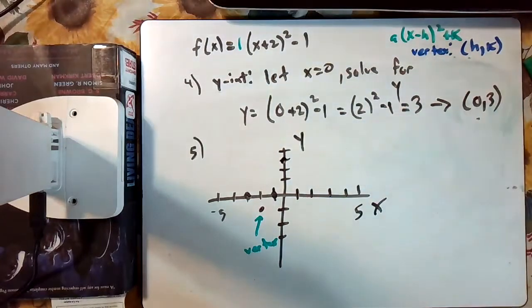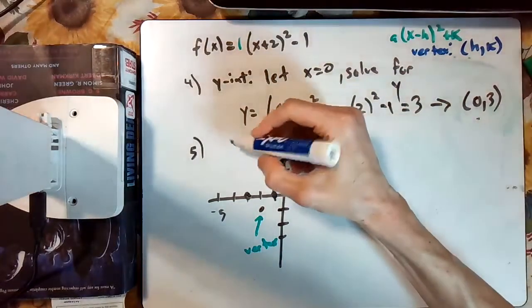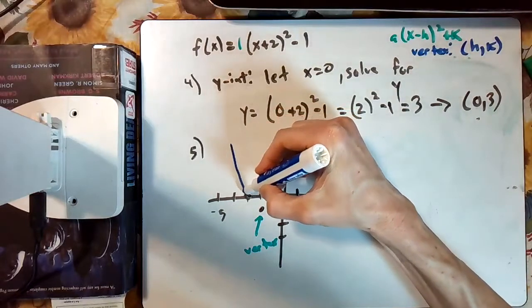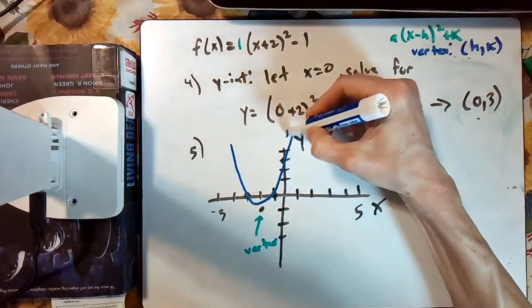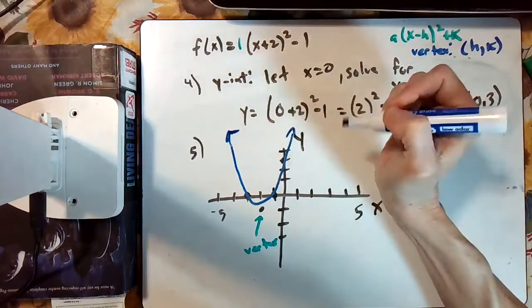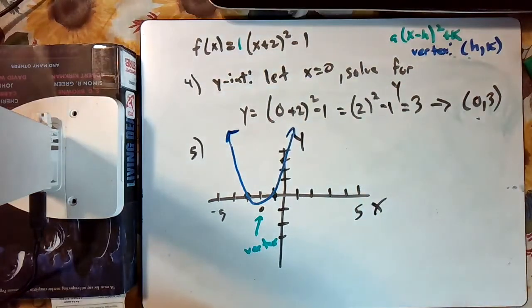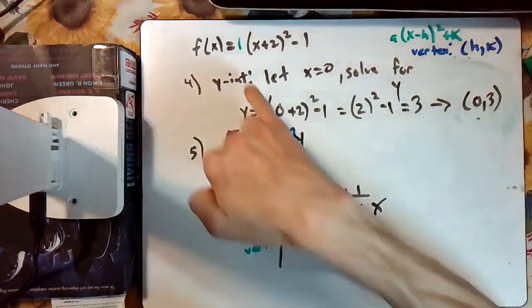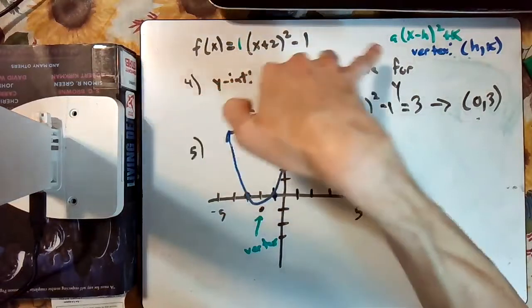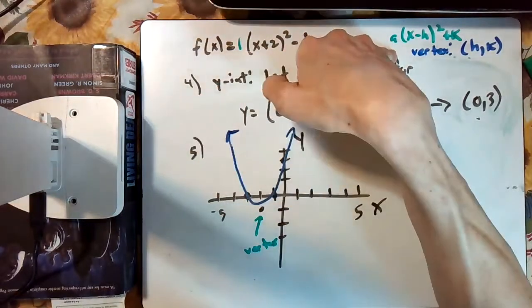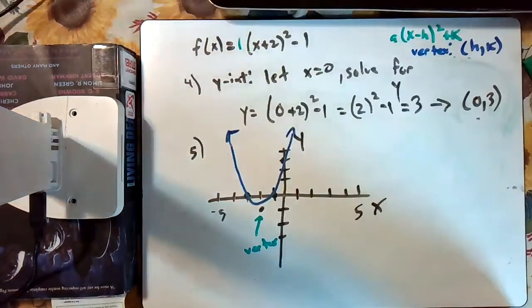So if you notice now, we have a nice little U shape. We should always have a nice little U shape as we're working these out. And it's opening up because a was positive. If a was negative, it should open down.